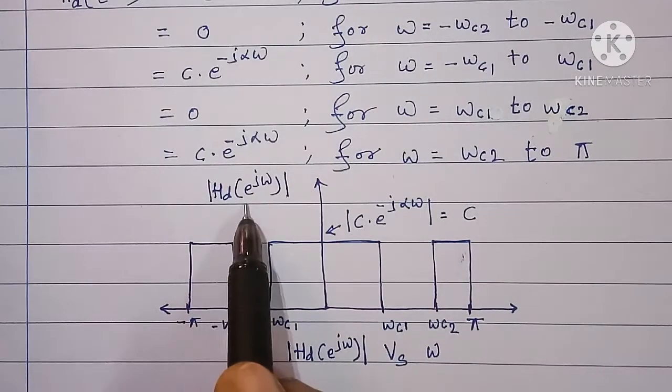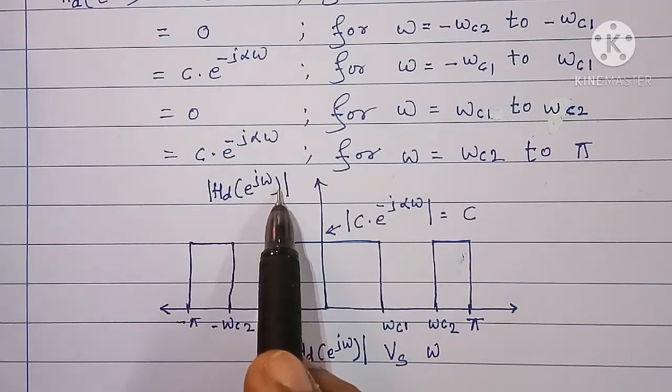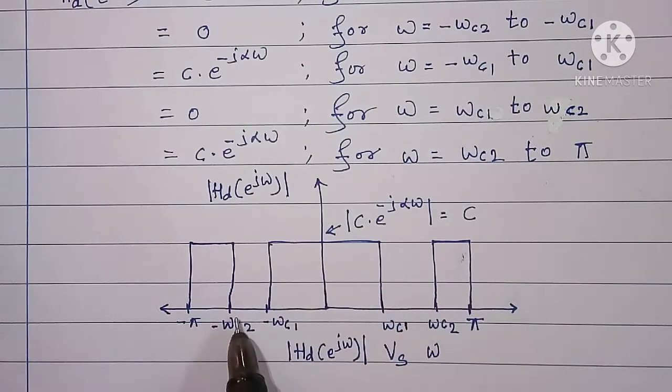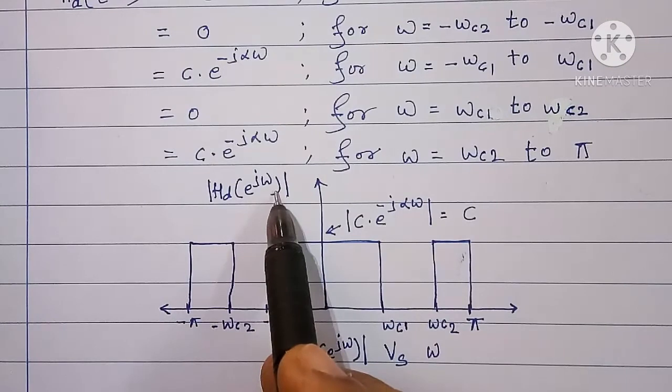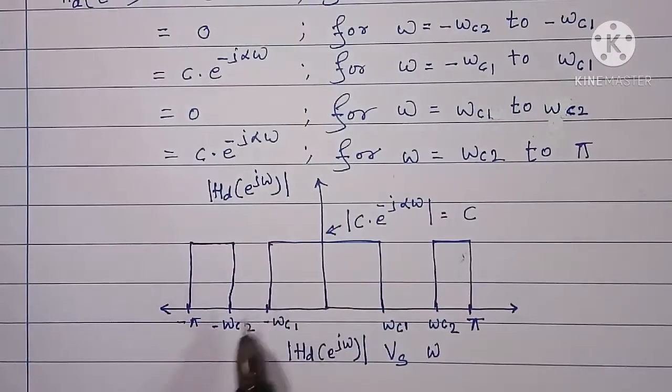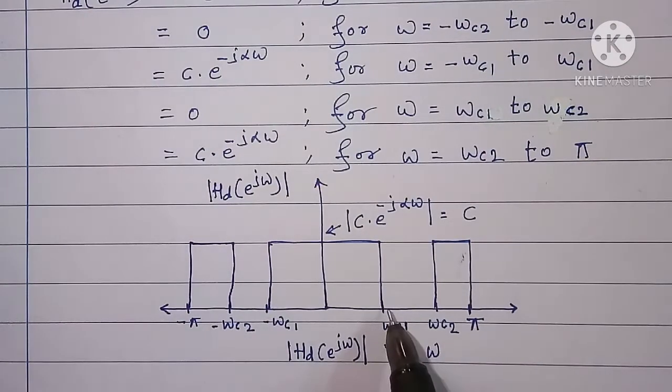The magnitude of HD of e raised to j omega is equal to C for minus pi to minus omega c2 and minus omega c1 to plus omega c1, omega c2 to pi, whereas the magnitude of HD of e raised to j omega is 0 for minus omega c2 to minus omega c1 and omega c1 to omega c2.